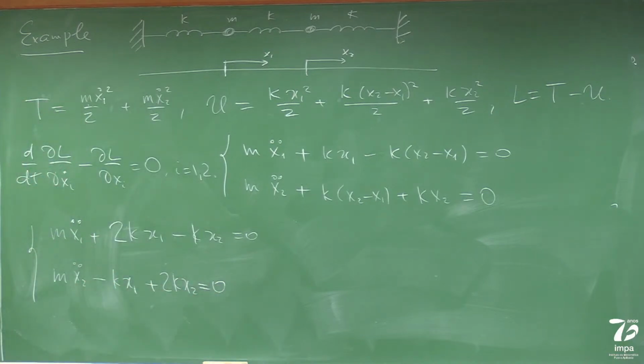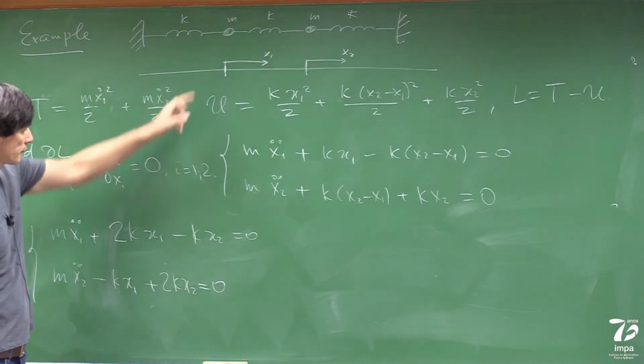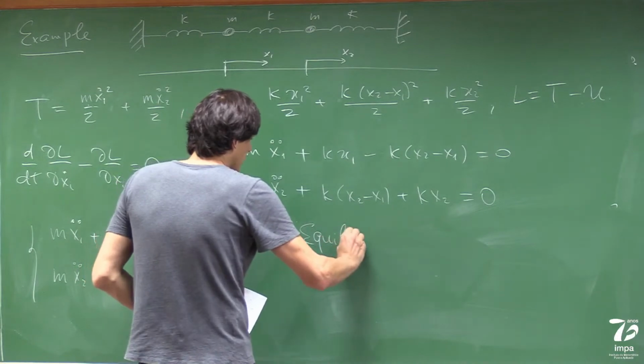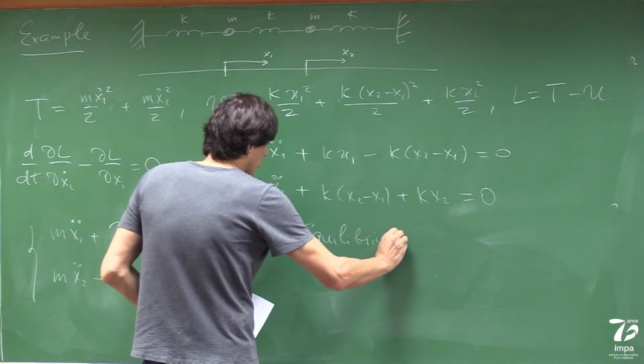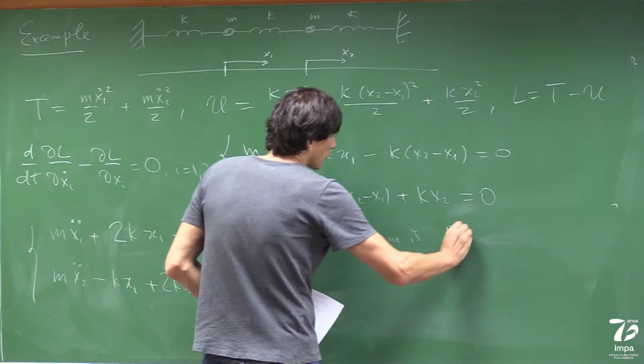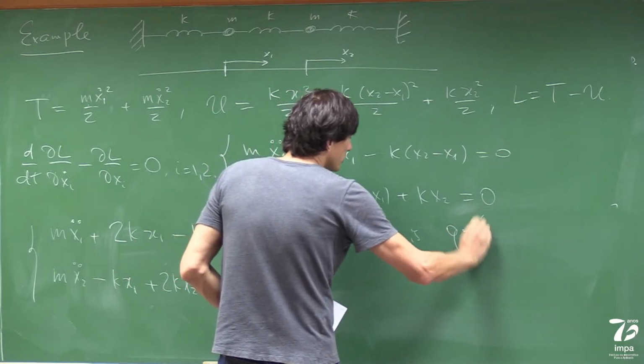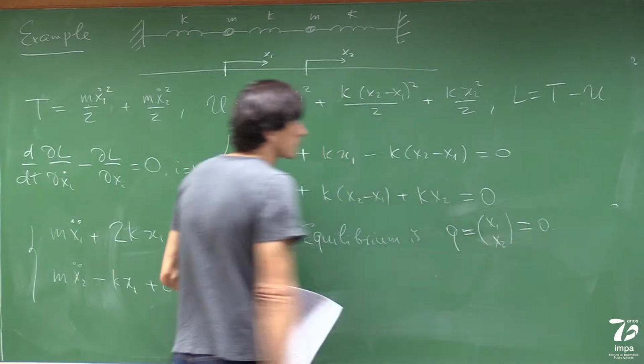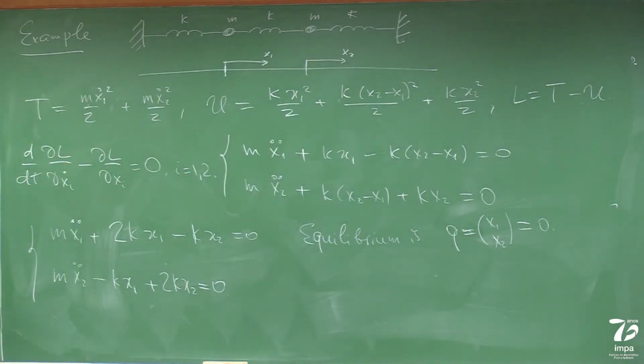The good part about these equations is that they're already linear, right? The equilibrium is already q equals 0, where q is our vector x1, x2. And they're already linearized, they're already linear, so there is no need to linearize.